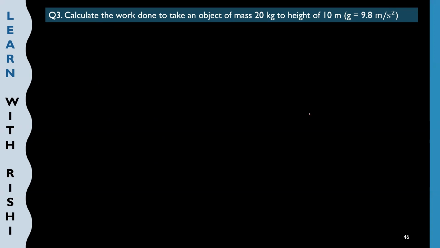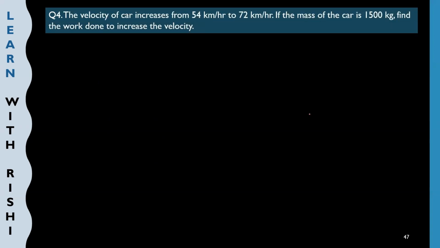So question number 4. The velocity of a car increases from 54 km per hour to 72 km per hour. If mass of car is 1500 kg, find work done to increase the velocity. Now this is a certain different kind of sum. So first we'll write the given part.